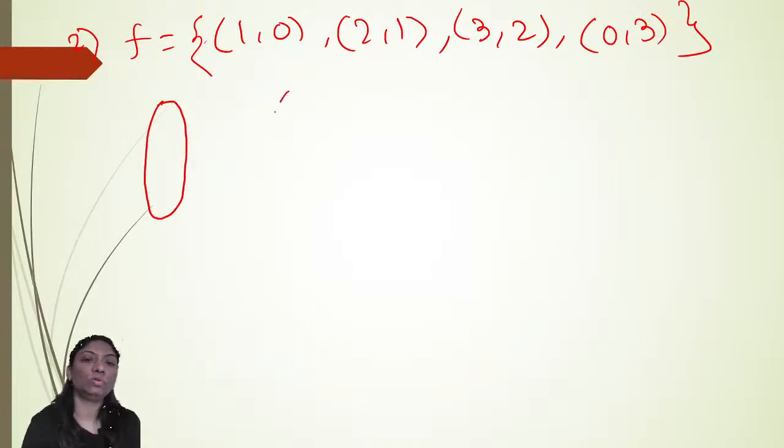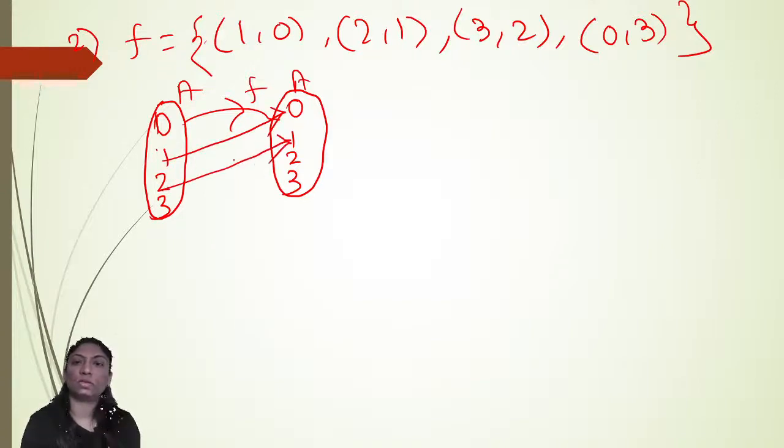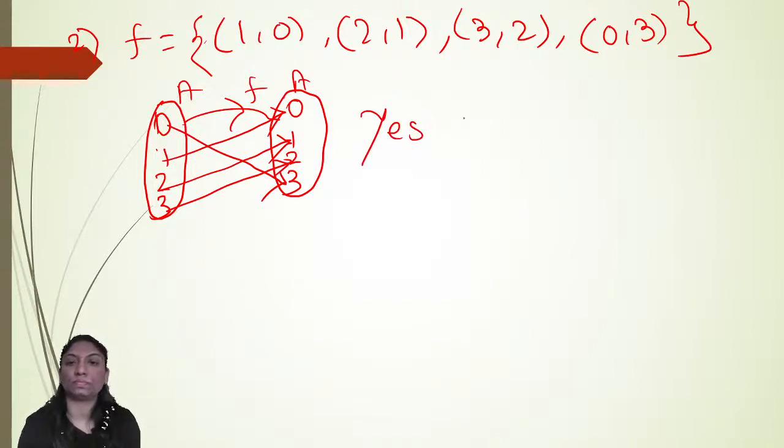It will give a more clear-cut idea. A to A function. So (1, 0), (2, 1), (3, 2) and (0, 3). Yes, every element has a unique image. So yes, it is a function.